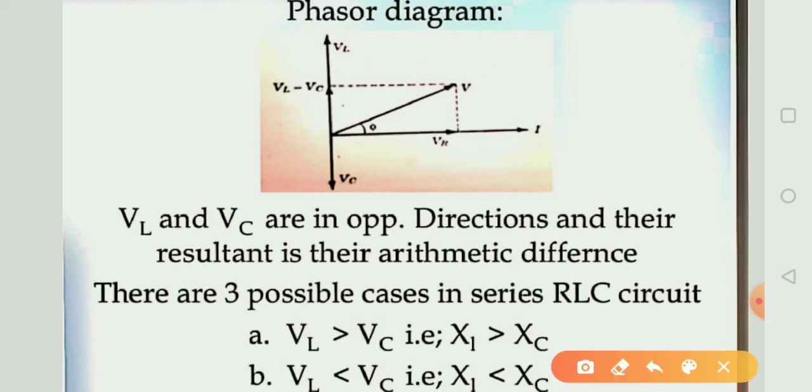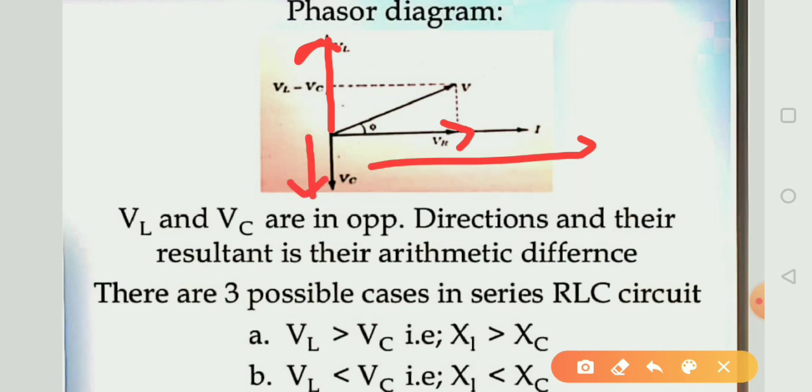Here we take I as a reference, and since in a resistance they are in the same phase, the voltage drop VR is drawn in the same phase as the current. The voltage drop across the inductor is drawn leading, and in the case of the capacitor the voltage is lagging.